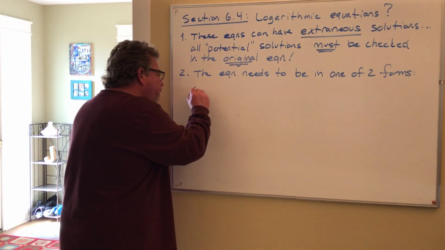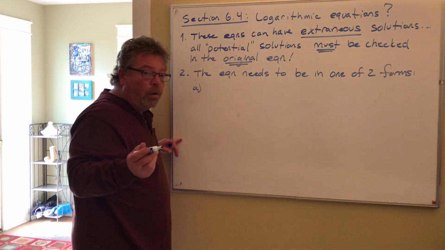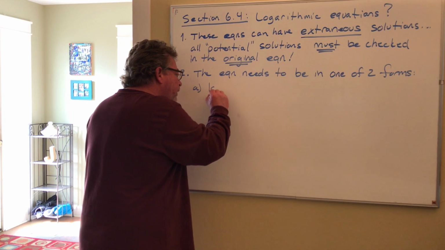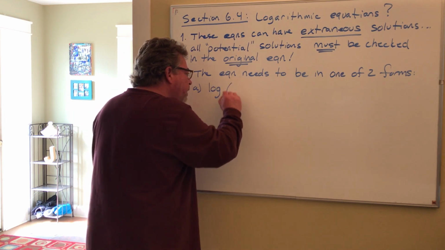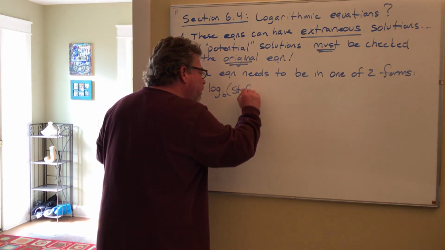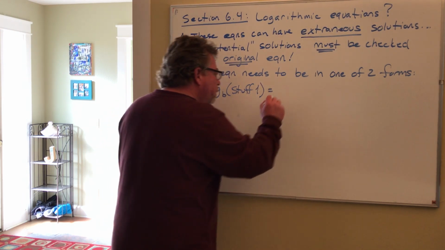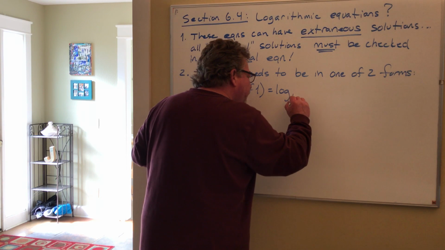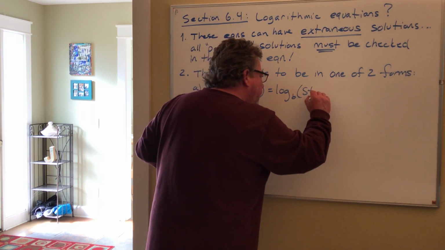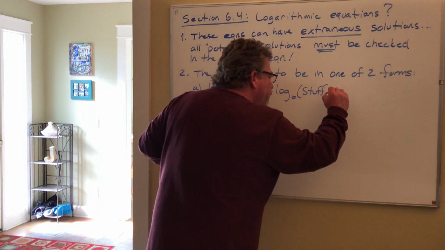And the first form, and this one's really easy to work with, is we have the logarithm base b of stuff, and I'll call this stuff 1, is equal to the logarithm base b of stuff 2.